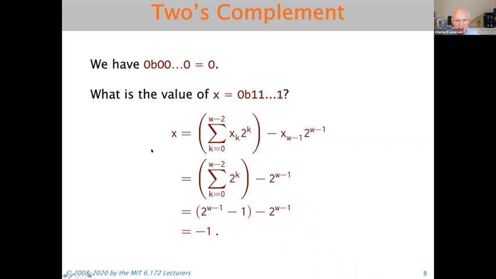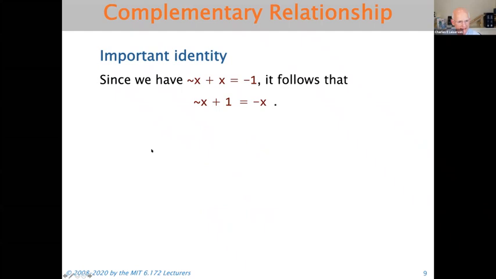And that gives us a really important identity between the 2's complement of a number and the 1's complement. The 1's complement, which is written twiddle x, or sometimes people say tilde x, is what you get by flipping every bit of x.